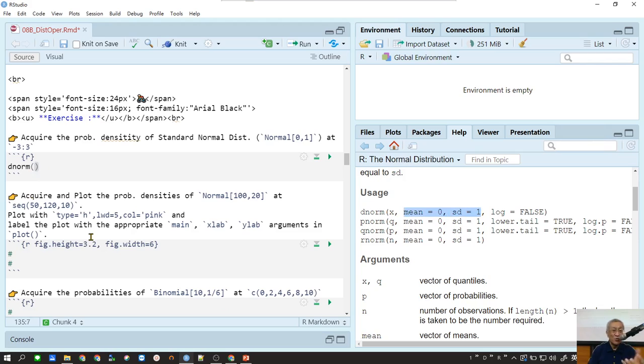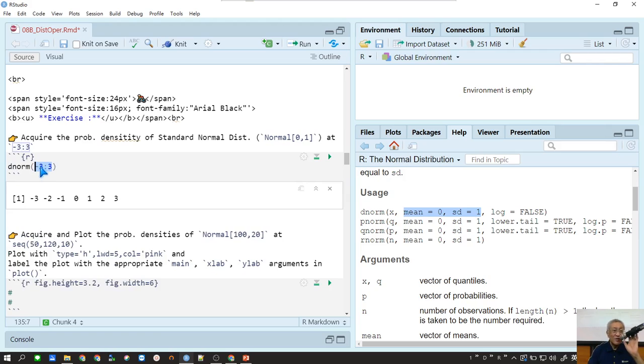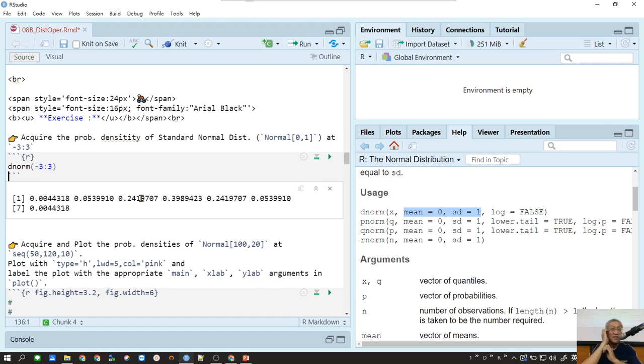So what we want to do, we just put this, which actually represents a vector, right? If I give this vector to dnorm, it returns the density of the standard normal.